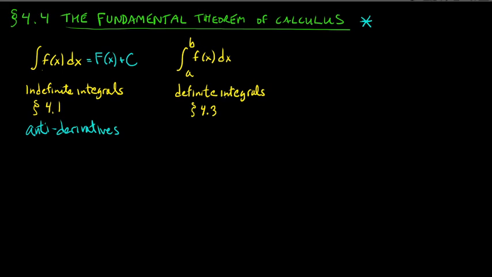And in the last couple sections, we talked about definite integrals, which are just numbers. In fact, they represent the area under the graph of the function between a and b.